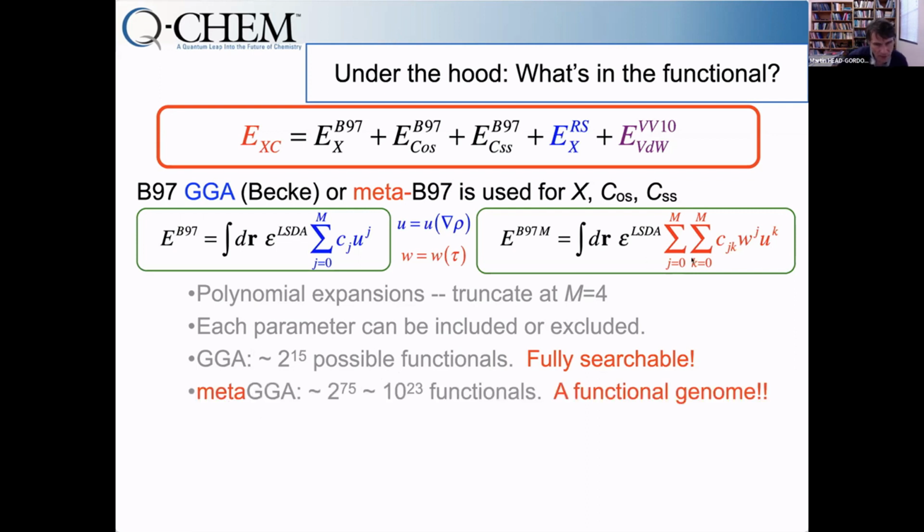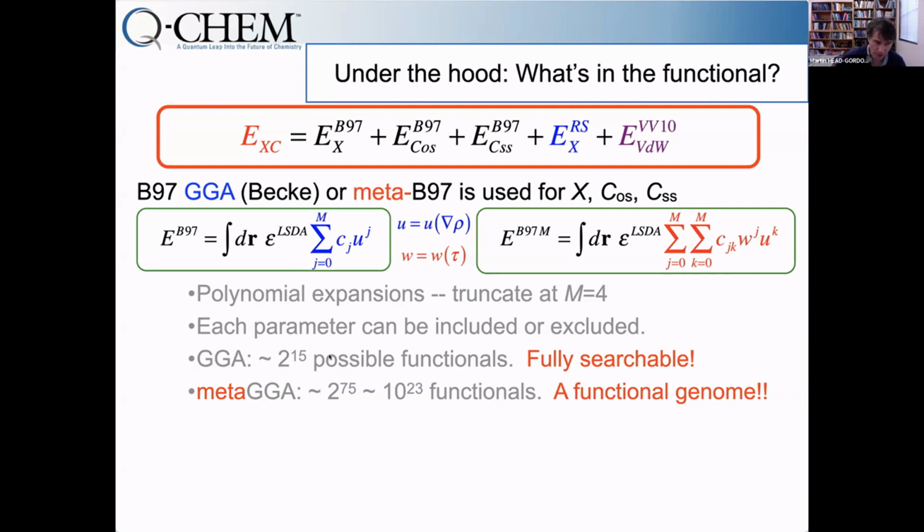The meta GGA, if we truncate at m equals 4, that's 5 terms times 5 is 25 in each expansion. 3 expansions, so 2 to the 75th possible functionals based on including or excluding each of those 75 parameters. That comes out to 10 to the 23rd functionals, which is a number we all recognize as chemists, Avogadro's number. So this is so rich and so complicated that we would call it a functional genome.